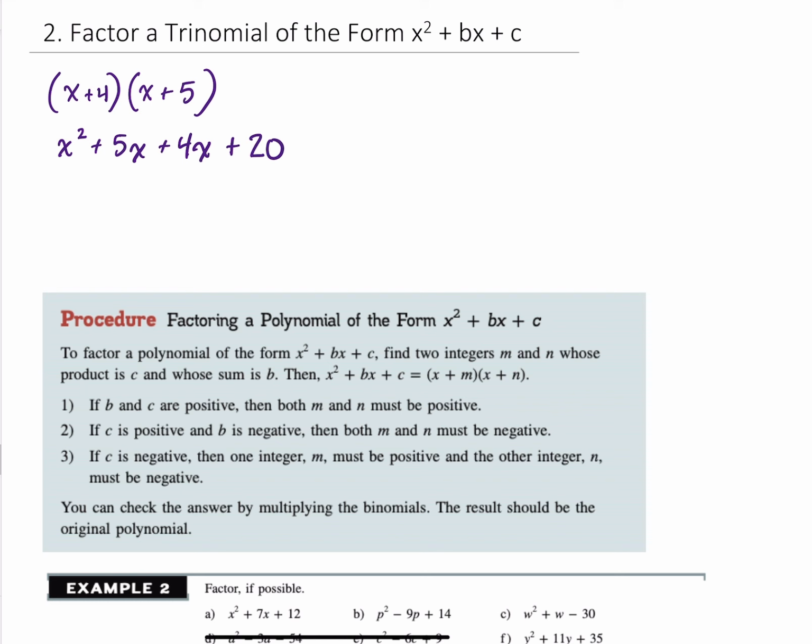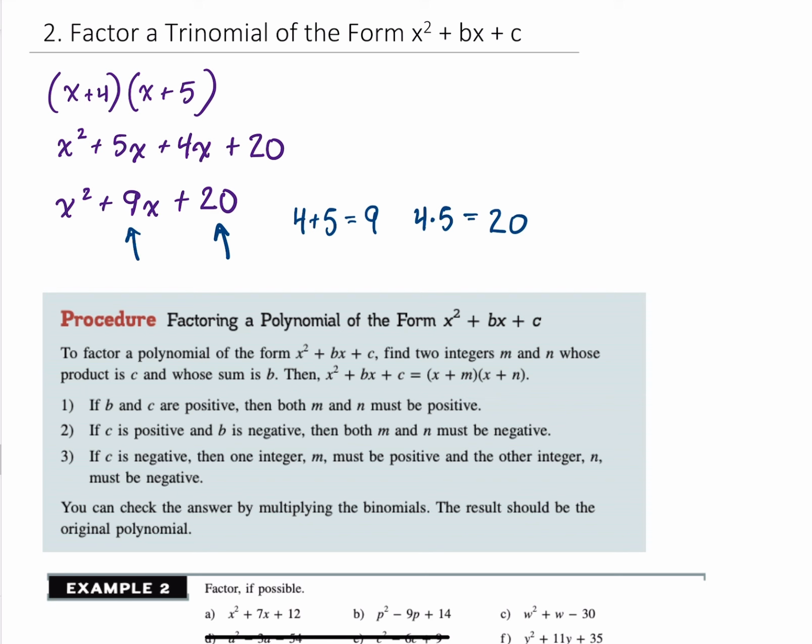And then let's combine those middle terms, and we get x squared plus 9x plus 20. So let's look at this 9 and look at this 20 and how they relate to the 4 and the 5. So notice that 4 plus 5 is 9, and 4 times 5 is 20.